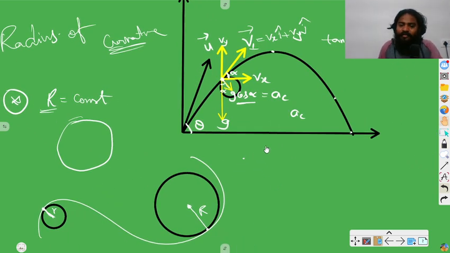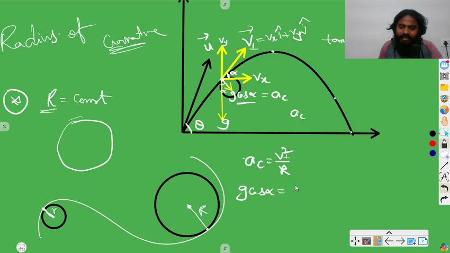Now we know the formula: centripetal acceleration is equal to v square by r, where v is the perpendicular velocity and r is the radius of this circle. We know the centripetal acceleration is g cos alpha.